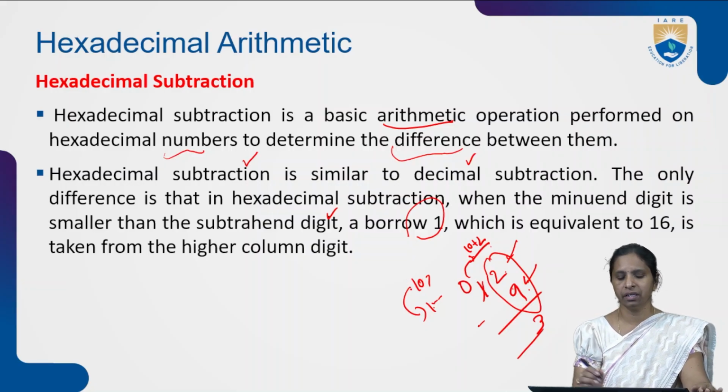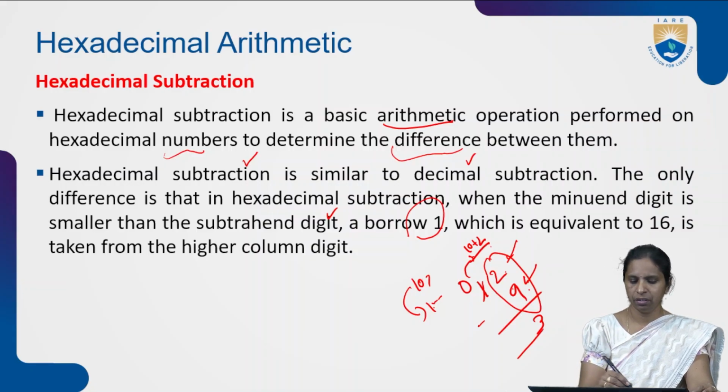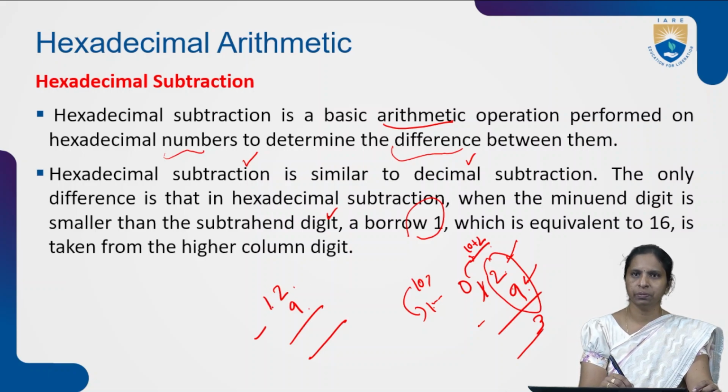But in the case of the hexadecimal number system, how do you get the borrow here? For example, if I want to subtract 9 from 12. So here 2 is less than 9. Then you are going to get the borrow from this number.